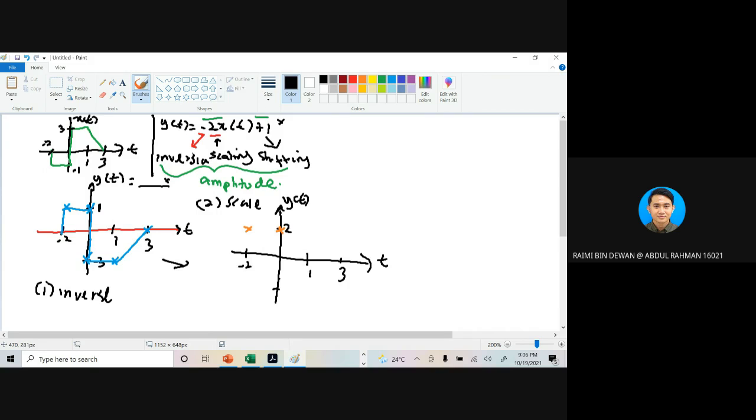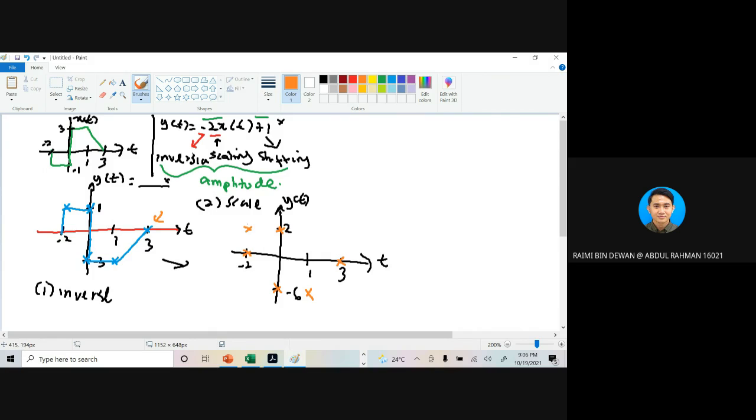So negative 6 here. So you have a cross here. And of course here, 0 times 2 is still 0. And then at time 1 here, your initial amplitude is negative 3. So negative 3 times 2, you still have negative 6. And then here, if you see, it's 0, right? So 0 times 2 is still 0.